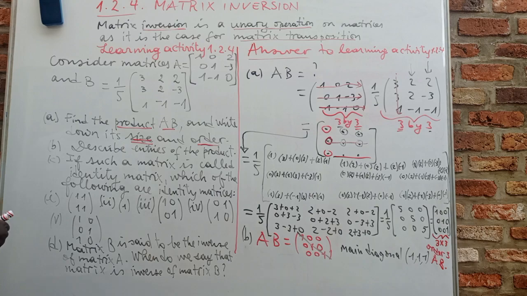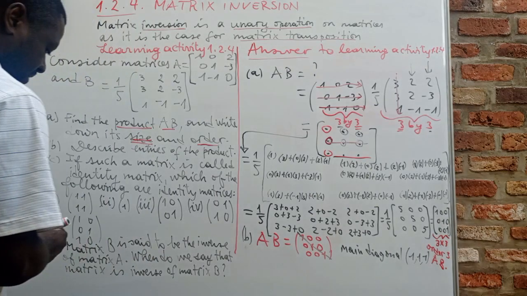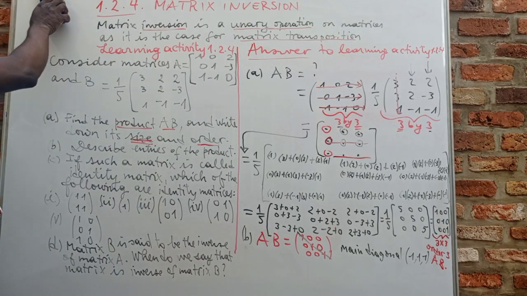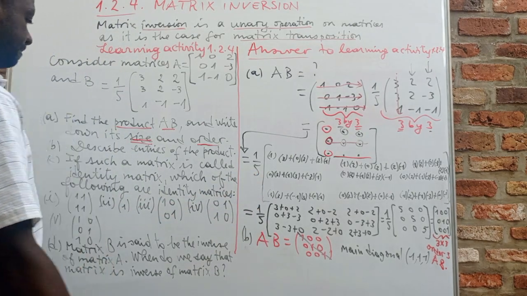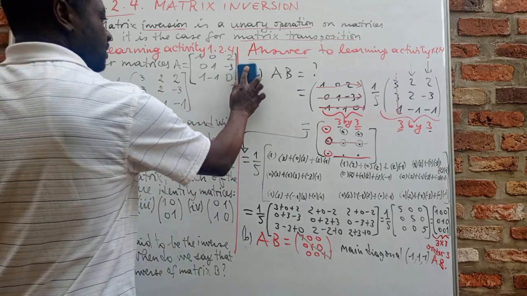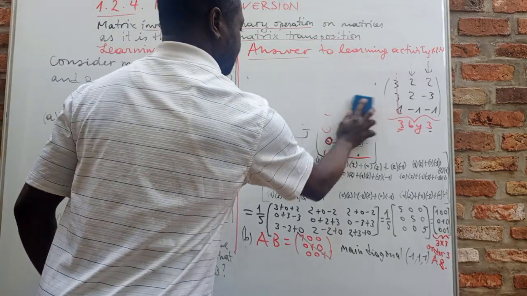Okay, that is B. Now some question C. In order to answer question C, let me find the space over here. So now A and B is okay, we have just calculated.